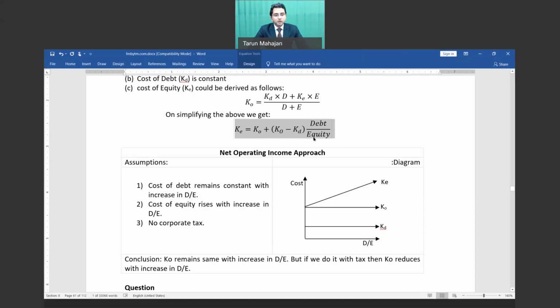What do you see in this formula? If the debt equity ratio rises, then the cost of equity also rises.